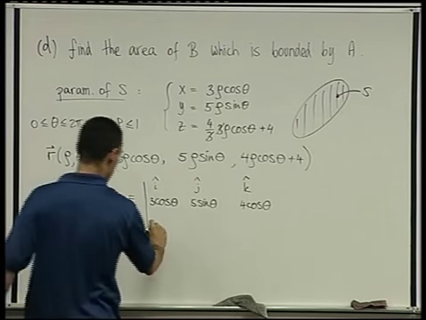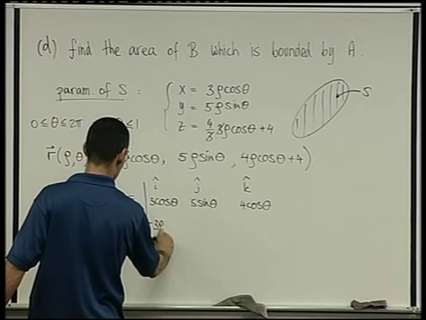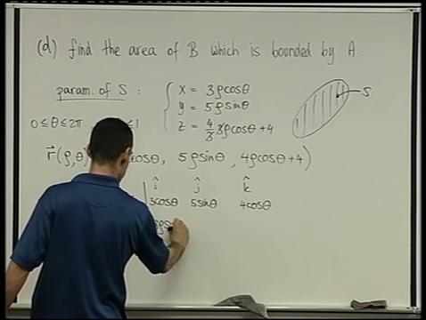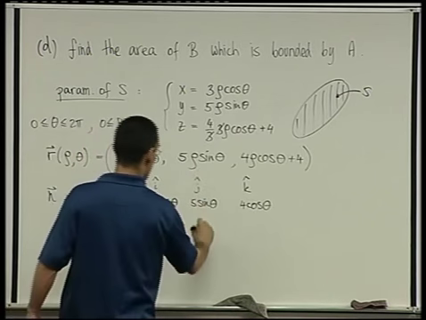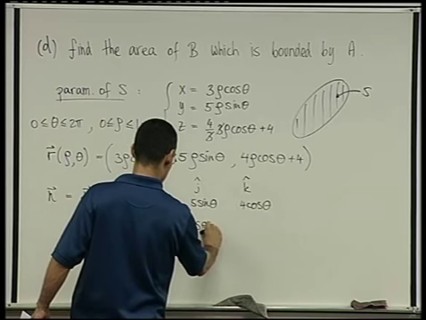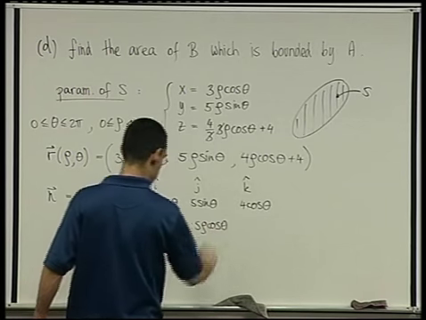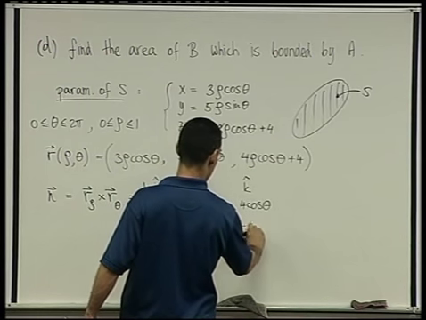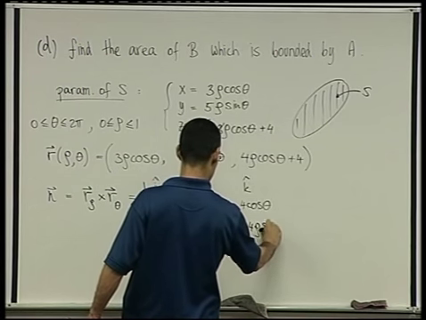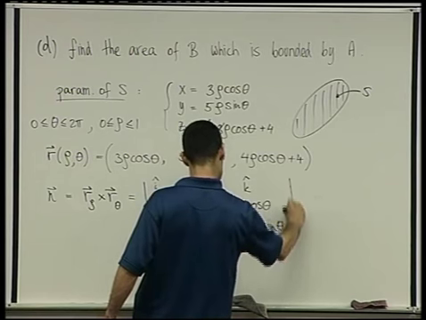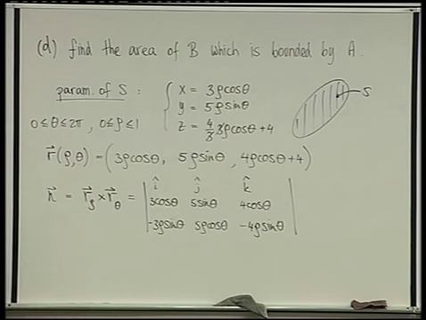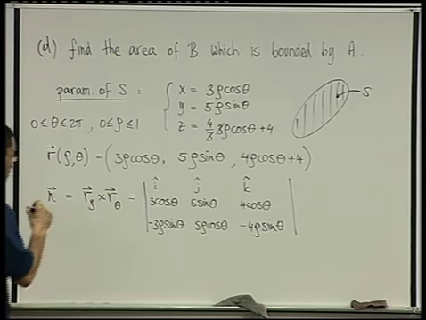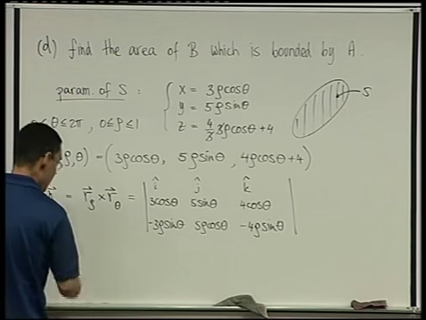R theta is minus 3 rho sine theta, 5 rho cosine theta, and minus 4 rho sine theta. Does everybody agree? Okay, let's calculate that and see what we get.